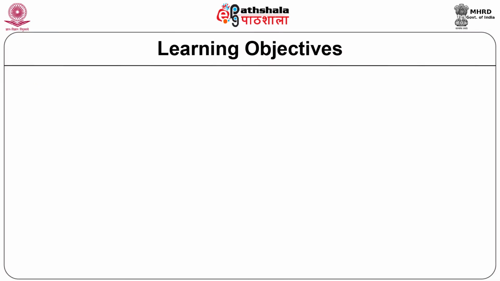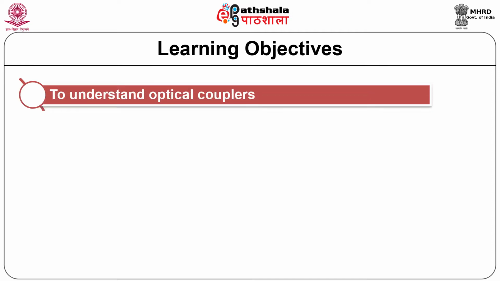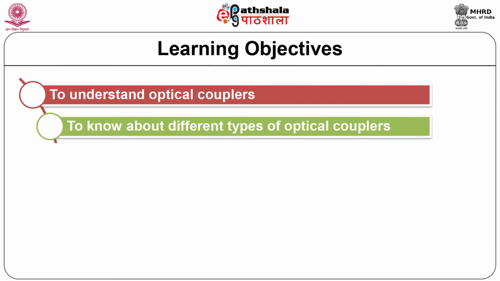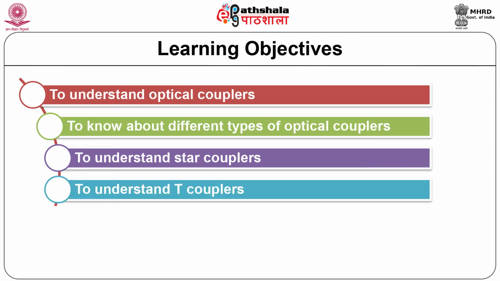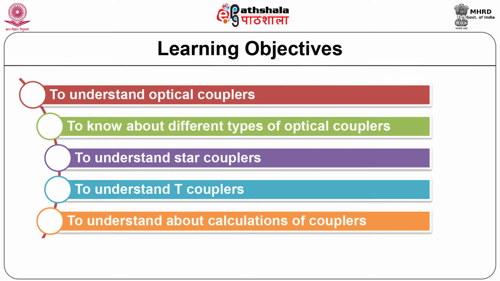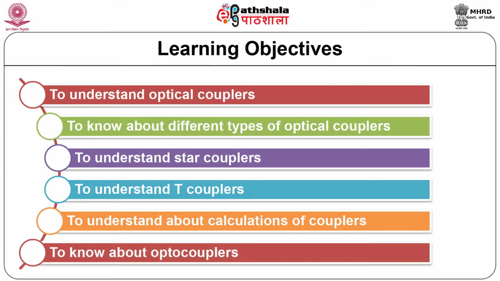In this module, we have to understand about optical couplers, know about different types of optical couplers, understand about the star couplers, T couplers, to understand about the different calculations related to the loss in these couplers, and different optical couplers which are available in the market are also included in this module.